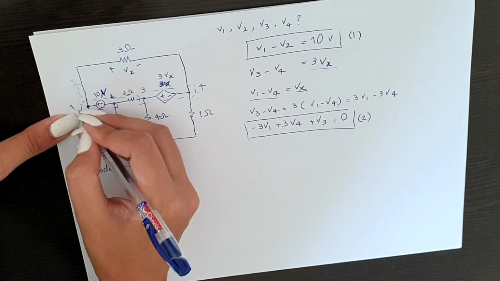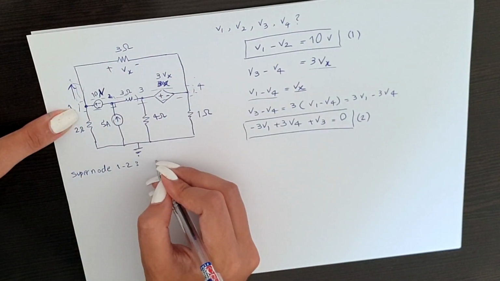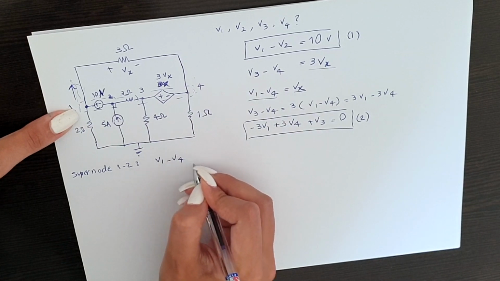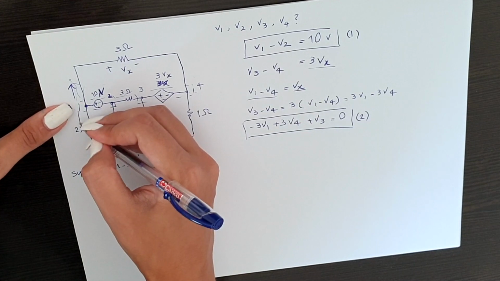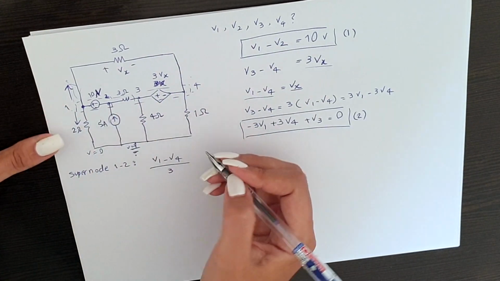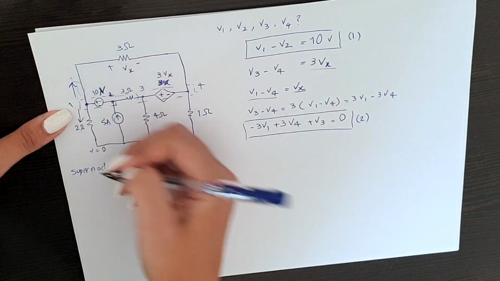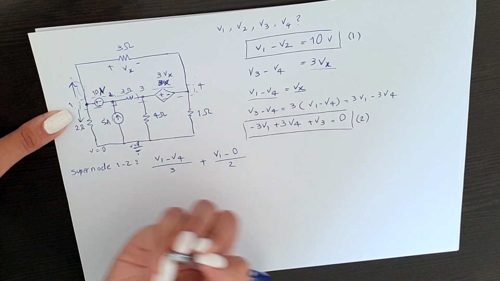So here we start with this one. We want the current in this direction. So we say V1 minus V4 over 3, which is our resistance. And then we want the current here in this direction. We know this V is 0, here V is 0. So we say plus, because current is in this direction, V1 minus 0 over 2, which is our resistance.